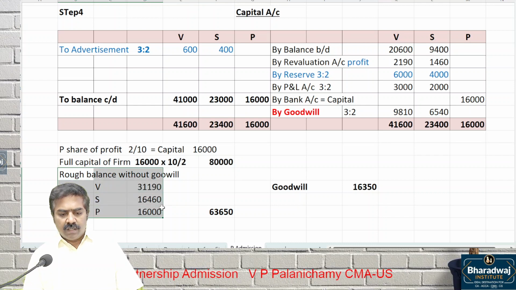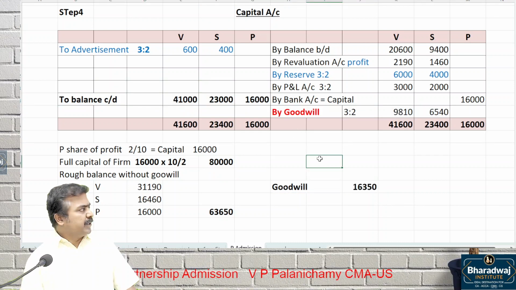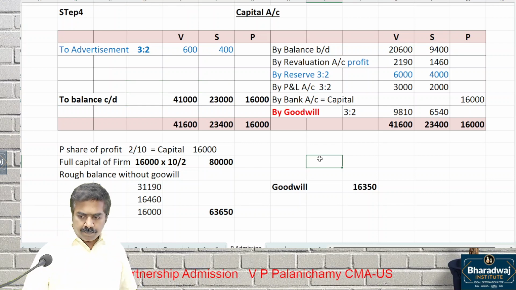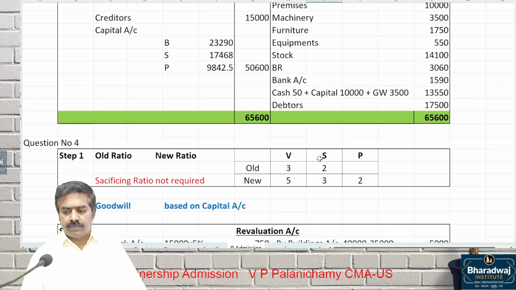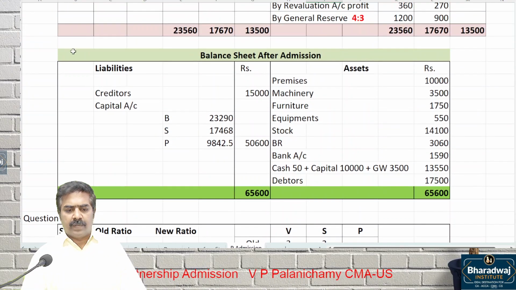Without goodwill, 63,650. So the difference is hidden goodwill, 16,350. Raise the goodwill in the old ratio, then you get the two balances carried down. Start with the balance sheet next.